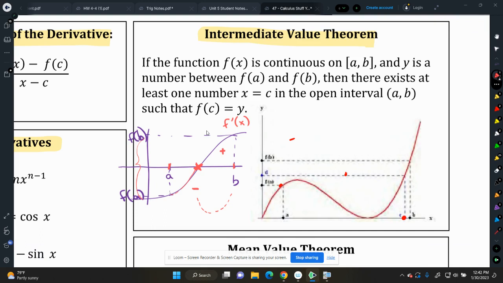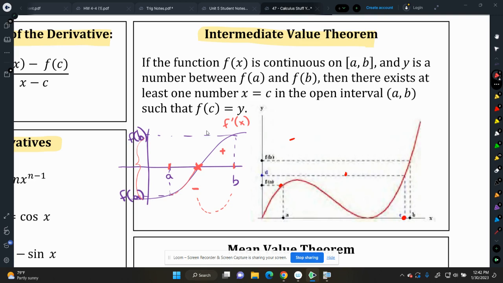That all connects. If I'm given an f prime of x that is continuous, I can use the intermediate value theorem to basically prove that there's a relative minimum.